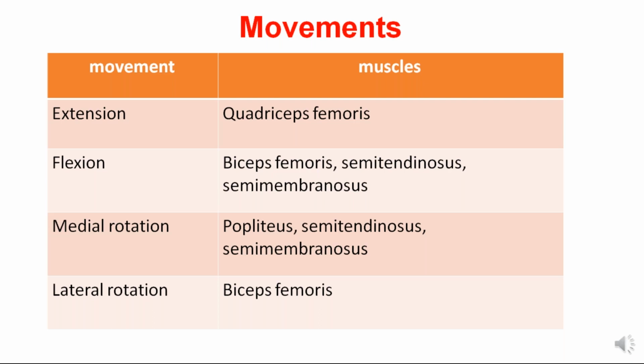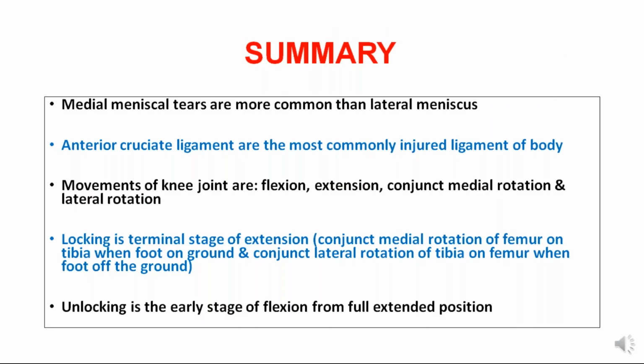At the end of the lecture, the take-home messages are: medial meniscal tears are more common than lateral meniscal tears. The anterior cruciate ligament is the most commonly injured ligament of the body. Flexion, extension, conjunct medial rotation and lateral rotation are the movements that take place at the knee joint.